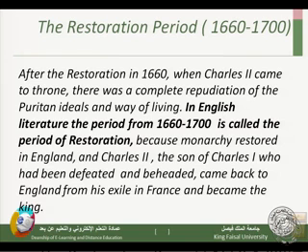We have here what we called the Restoration period. The first one was the Puritan period. This is the first period, the first division of the 17th century literature. This is the second division, or the second period, and as you can see, the date here, it started in 1660, which means the end of the first period.